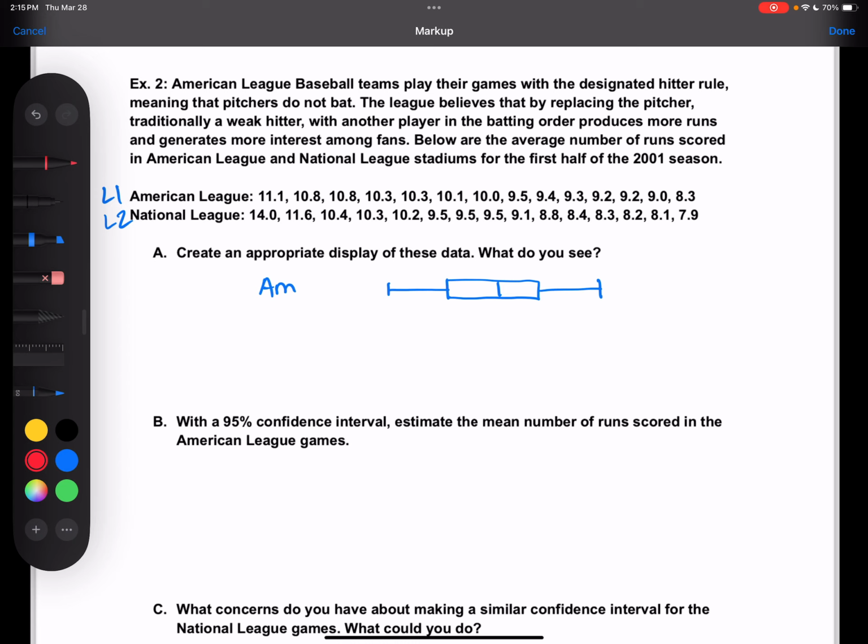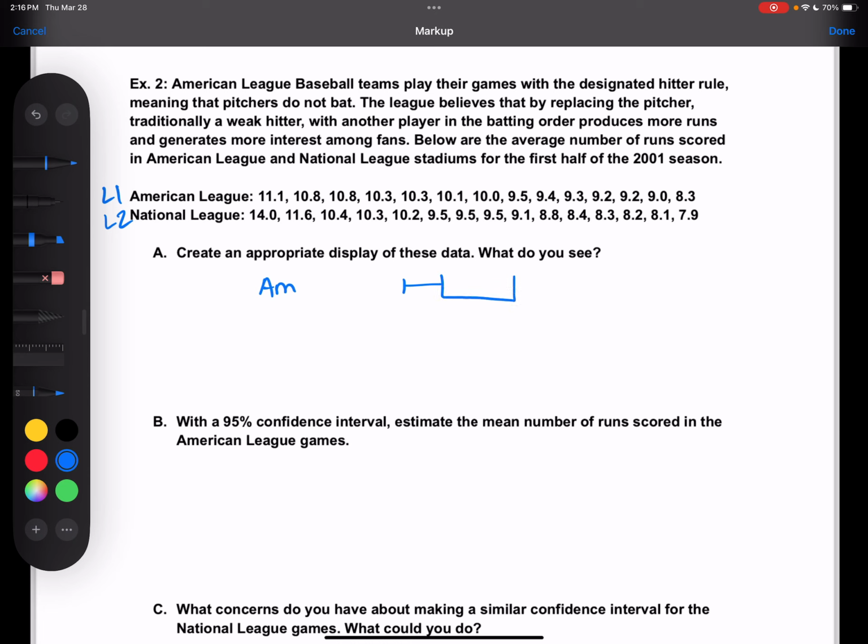Now that I changed my window, I need to redraw these. So what should I change my window to? I changed mine from like 5 to 15 or something like that on the X value so I could see the whole thing.